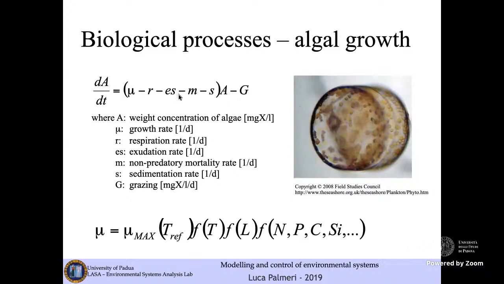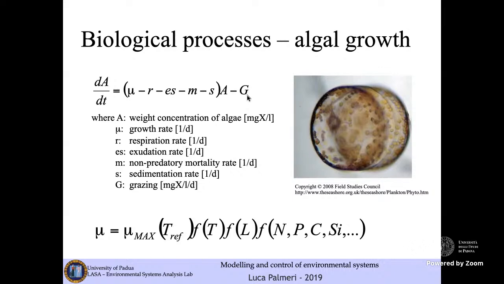So this makes, at least for the moment, a first order linear differential equation. Linear unless the concentration of algae appears somewhere else in these submodels or parameters. Minus the effect due to the upper trophic level that we may call grazing.